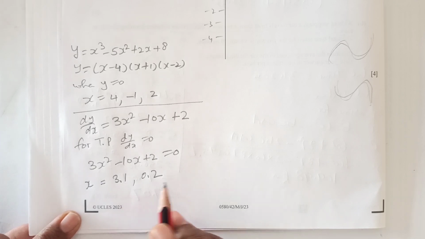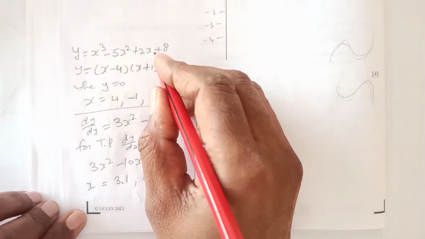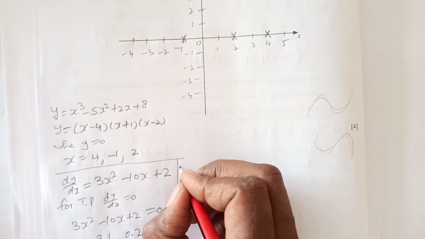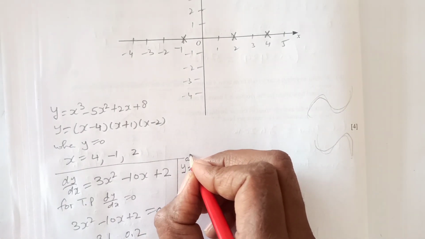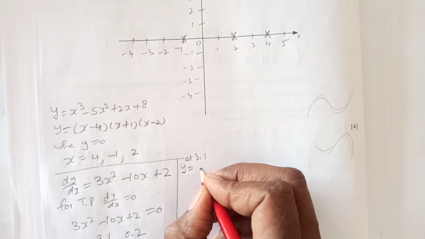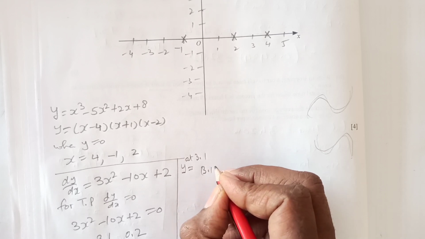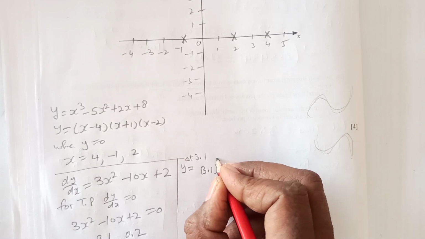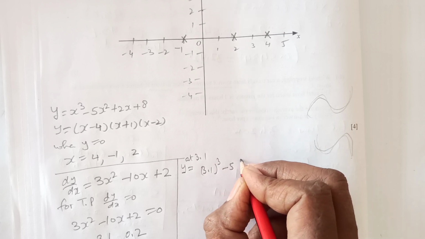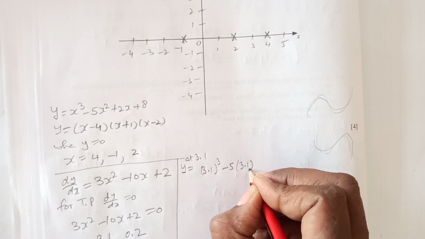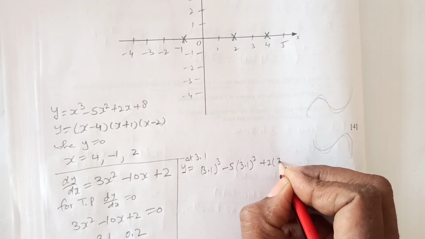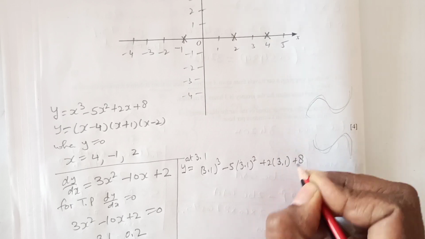So when x is this, then we are going to find out the value of y from here. So at x equals to 3.1, y is 3.1 cubed minus 5 times 3.1 squared plus 2 into 3.1 plus 8.